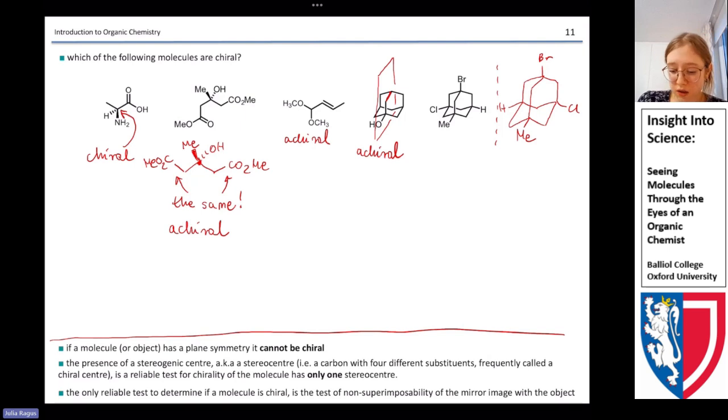No matter how we try to rotate it, for example by 180 degrees to move a chlorine atom into the same position as in the original molecule, we would end up with methyl at the back of the molecule, which means that we are not getting the same image. So this one, in fact, is chiral.